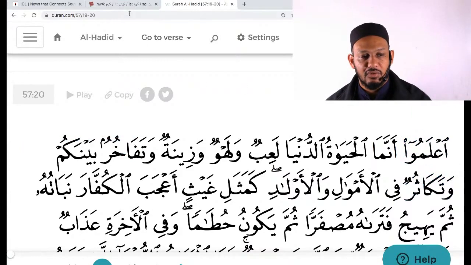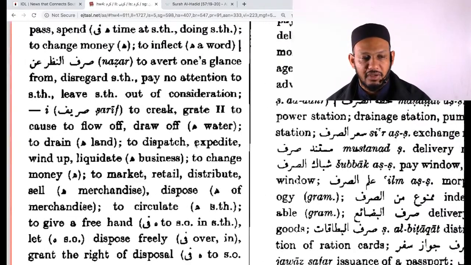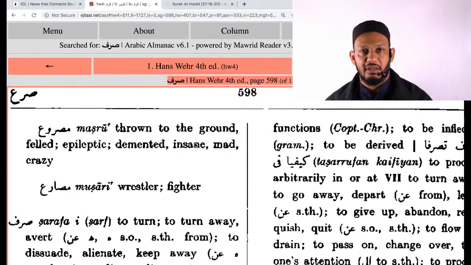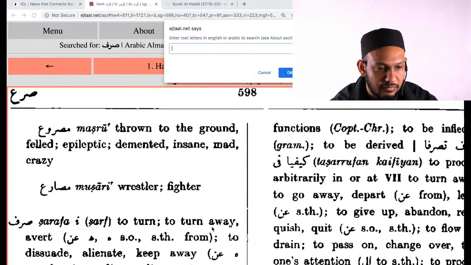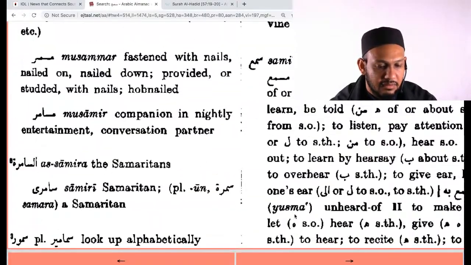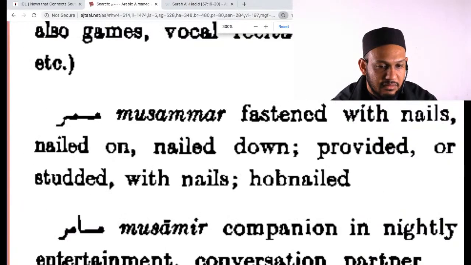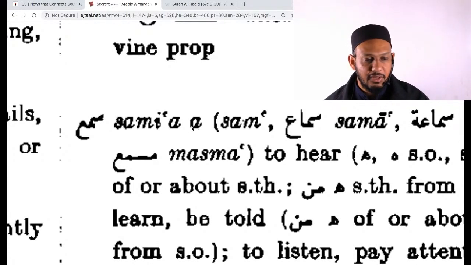Okay, how do you know what the ain letter is? It's in the dictionary. Either you'll learn it, like I'll give it to you, like I'll tell you sami'a, yasma'u, fataha, yaftahu. Or you can go to the dictionary and type in any word. For example, if I go to sami'a, next to the verb there will be either an a or an i or a u.